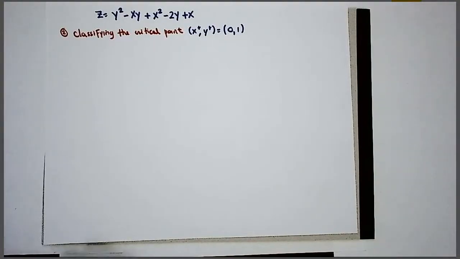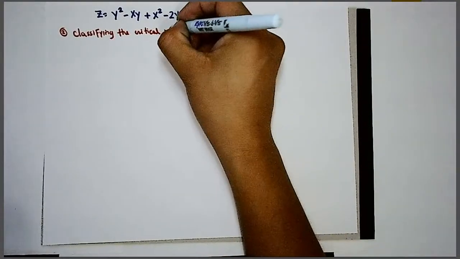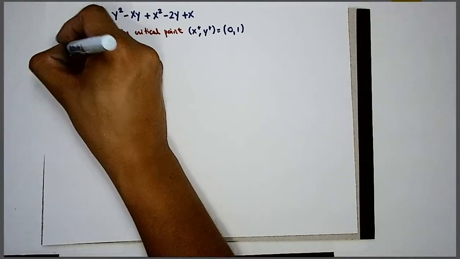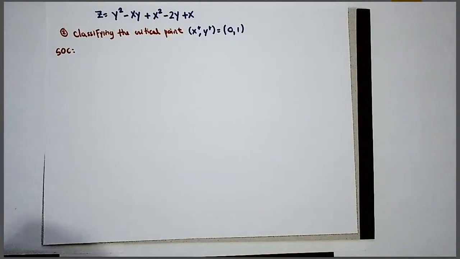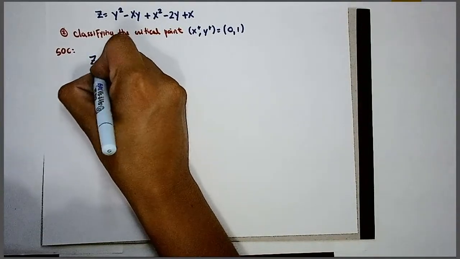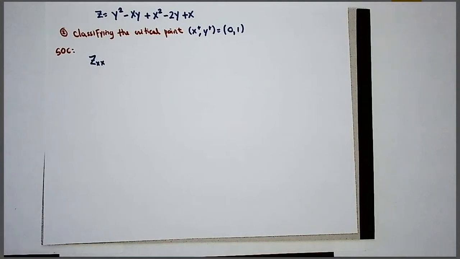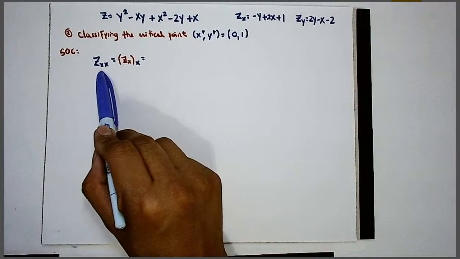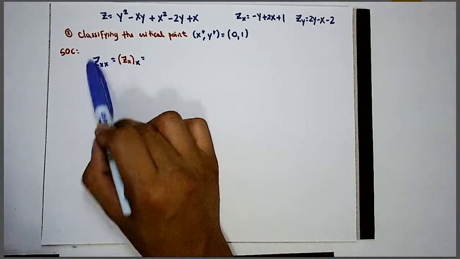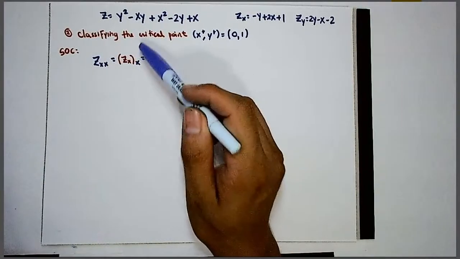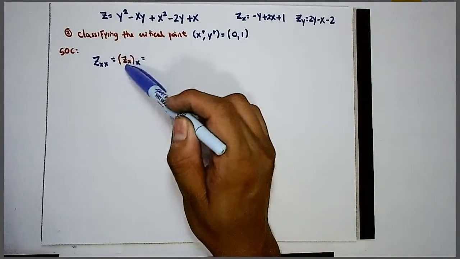Now let's classify our critical point. To do that, we need to use the second order condition for multivariate functions. First, we need to find zxx. To calculate zxx, we need to remember that the second partial derivative with respect to x is simply the derivative of the first partial.